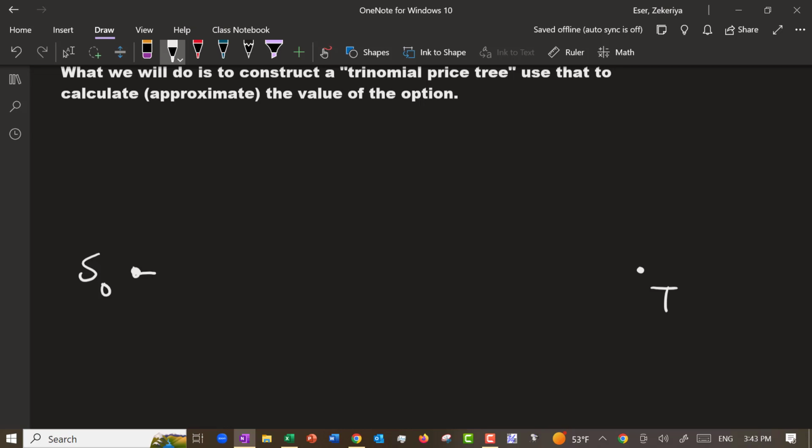At this point, I'm just going to act as if one of them is to stay constant, go up a little bit, go down a little bit. Okay. So this is the time period. Let's say we divide by n subperiods.